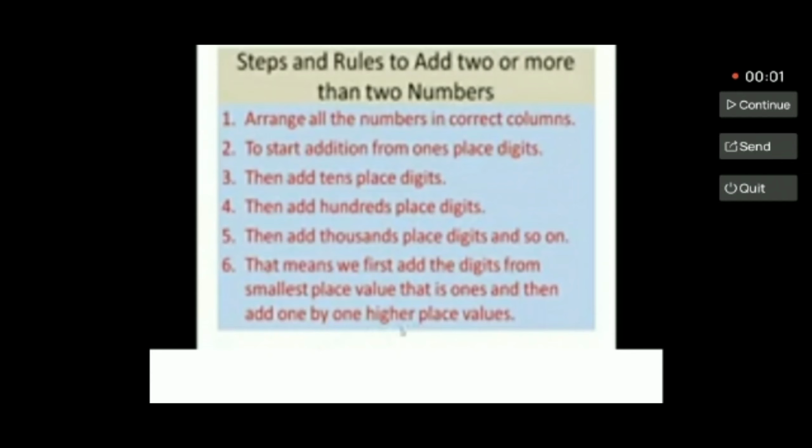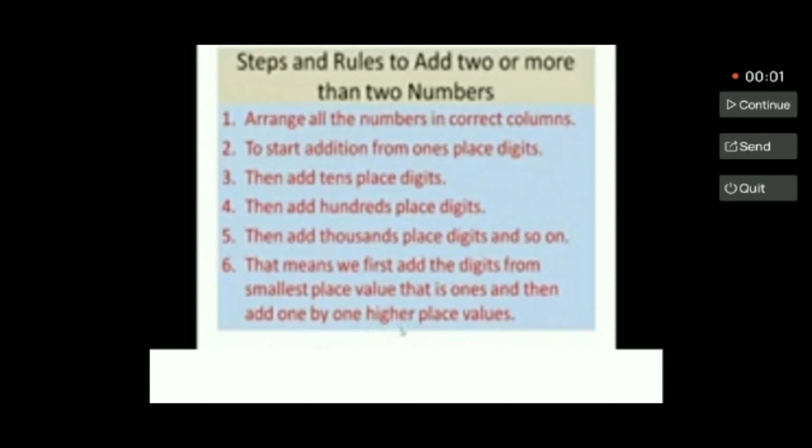Students, before starting the addition, let us understand these rules which we have to follow. The very first step is we have to arrange all the numbers in correct columns according to the place value, like ones, tens, hundreds, thousands, 10,000s, lakhs, and 10 lakhs.